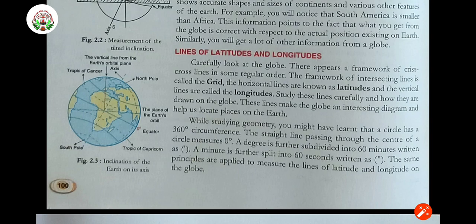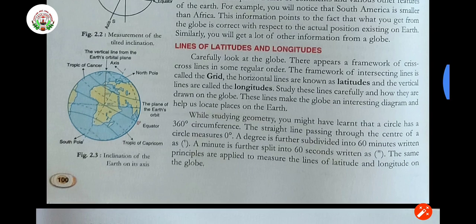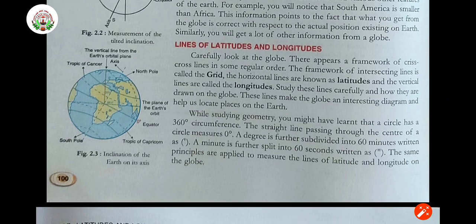The framework of intersecting lines is called the grid. The horizontal lines are known as latitudes and the vertical lines are called longitudes. Study these lines carefully and how they are drawn on the globe.